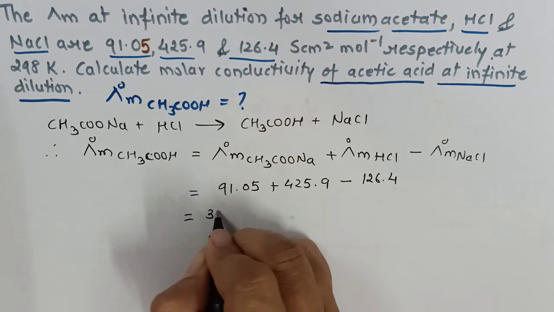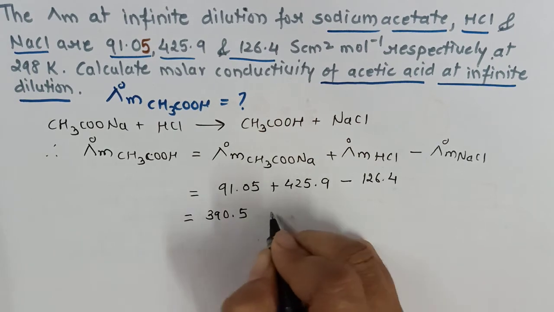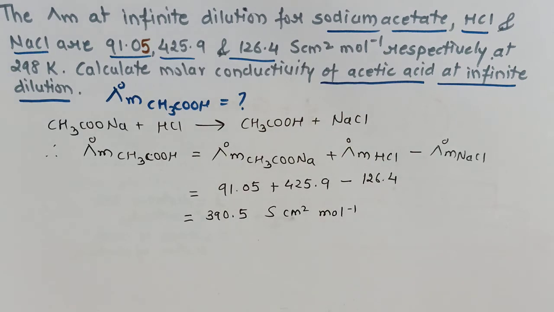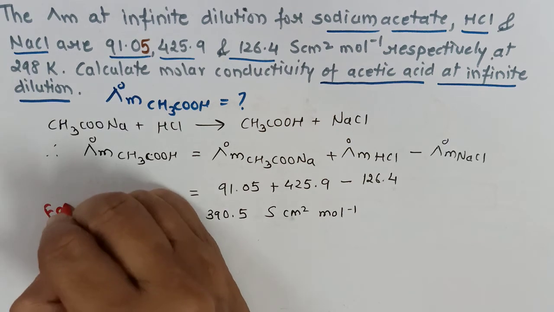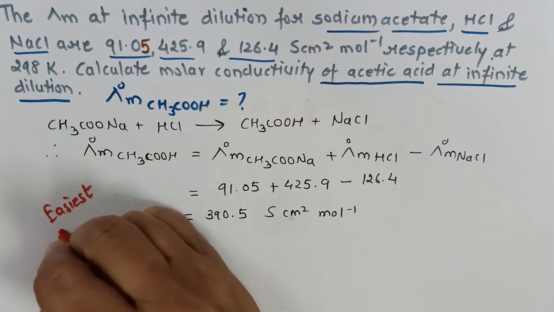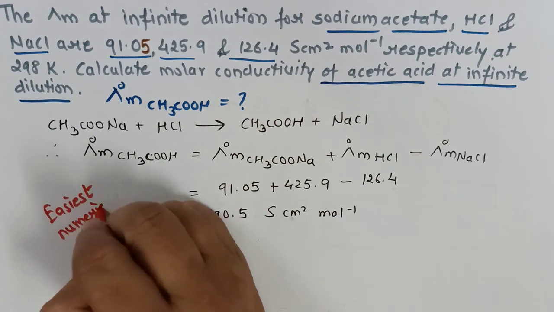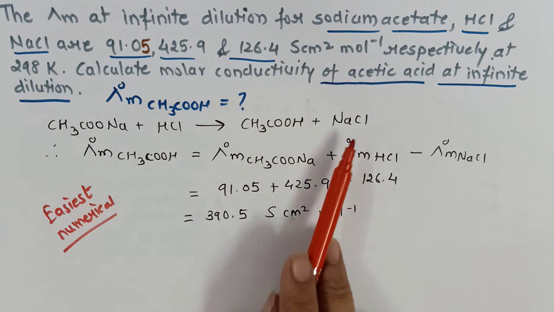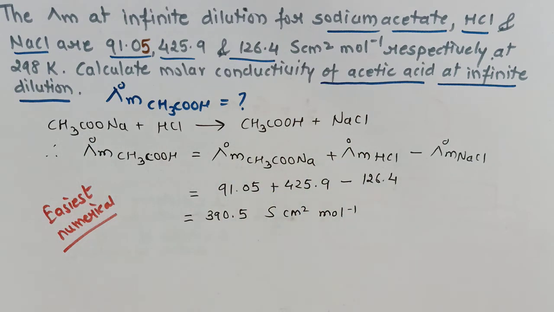Solving this, we get the value 390.5 Siemens centimeter square mole inverse. So these are quite easy numericals. I will say all the numericals based on Kohlrausch law are the easiest numericals. Simply you have to find out the reaction and then subtract or add the values, and you will get the answer.